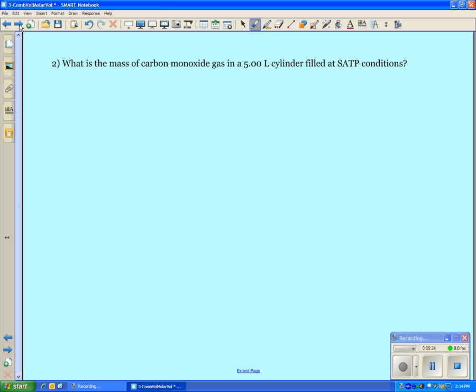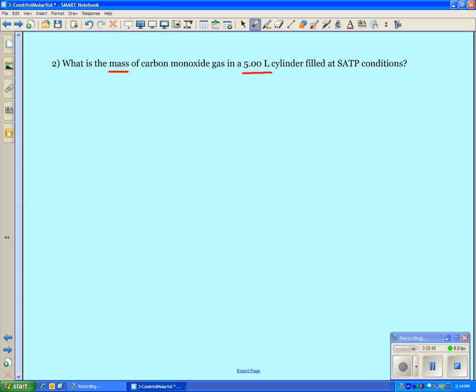Second example, what is the mass of carbon monoxide gas in a 5-liter cylinder filled at SATP conditions? If we're looking for mass, and we know that molar volume is related to moles and volume, that tells us we're going to have to do 2 calculations here. So 5 liters of our gas, that's our volume.